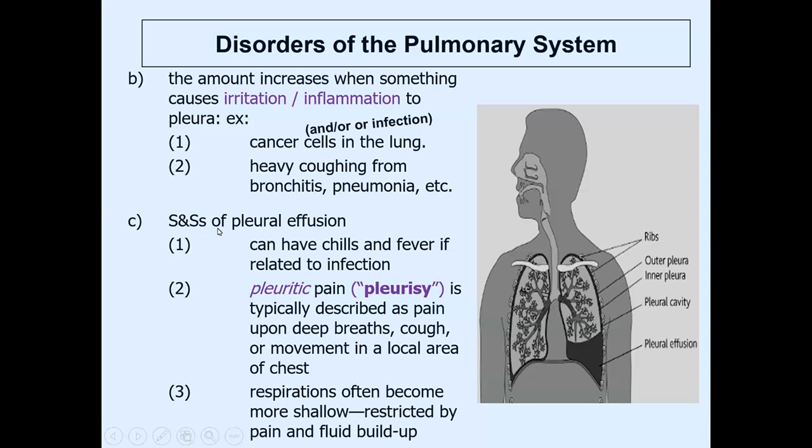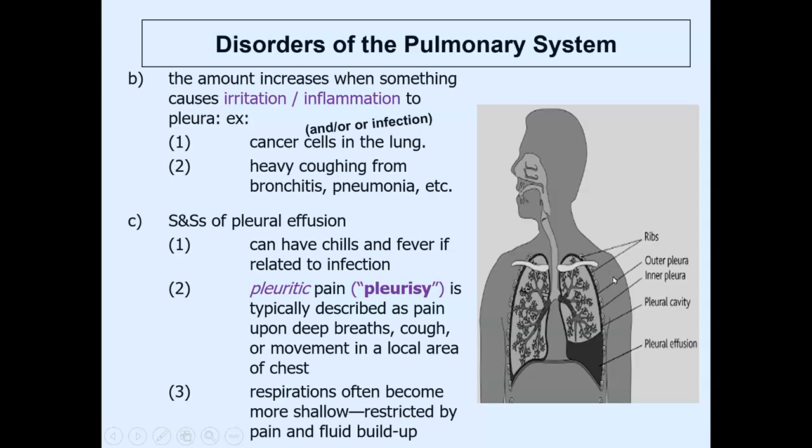Signs and symptoms that your patient has a pleural effusion: if it's from an infectious situation, they may have chills and a fever. Most often they will have what is known as pleurisy or pleuritic pain. In other words, when the pleura are inflamed, it hurts as the patient inhales, because that's such an active process.